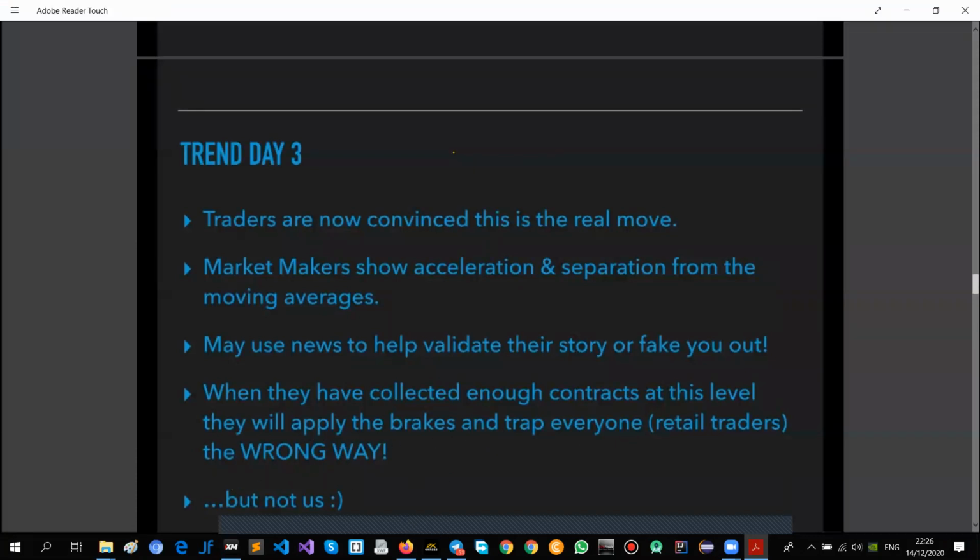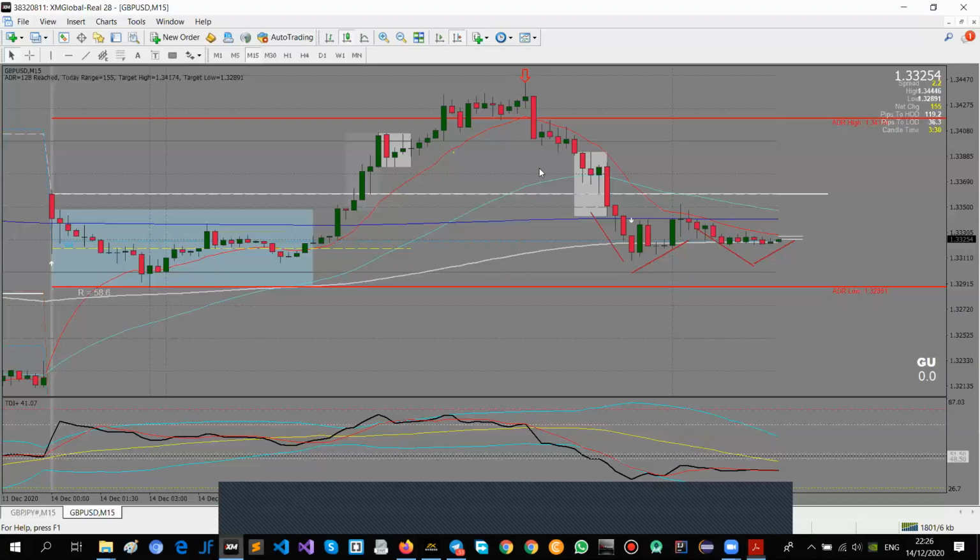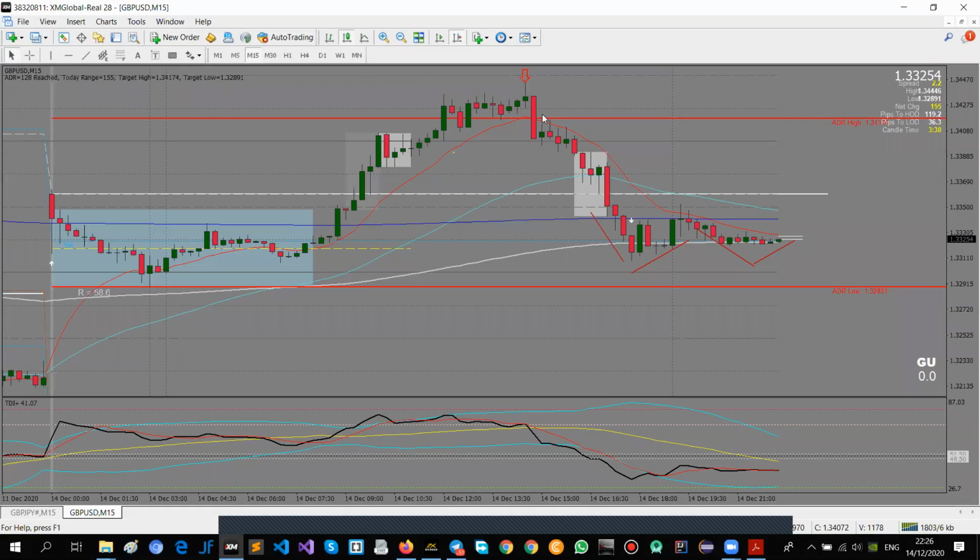So after margin calling and hitting the stops for those who had gone in for buys, for those who had removed their stop losses and were holding, the market makers shifted off to this EMA. Then after collecting enough contracts, they put on the brakes, and thereby trapped other traders who had gone in for sales here.